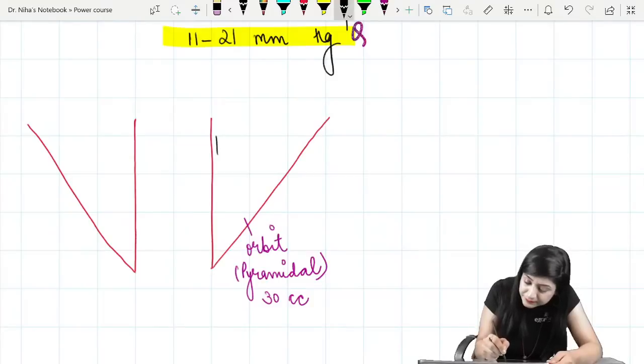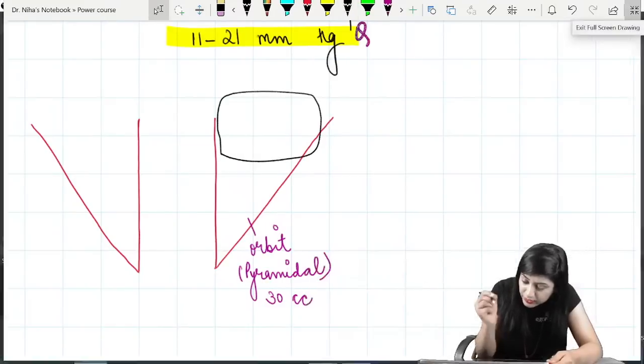And look at the base. It is quadrangular.